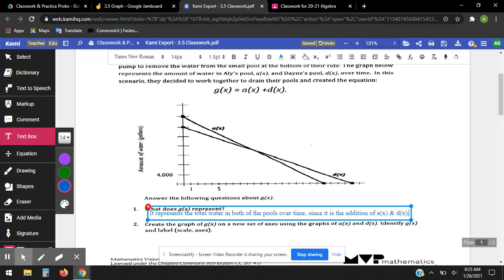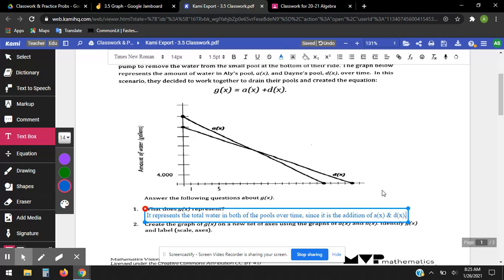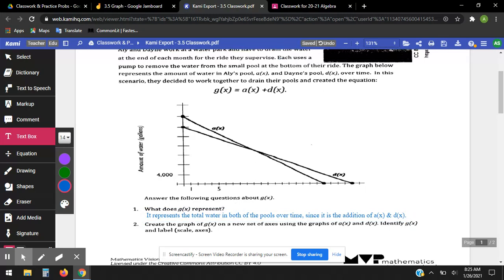So A of x means the total water in Allie's pool. D of x equals the total water in Dane's pool. So if we add them together, we're asking for the total water in both of the pools, depending on the time.